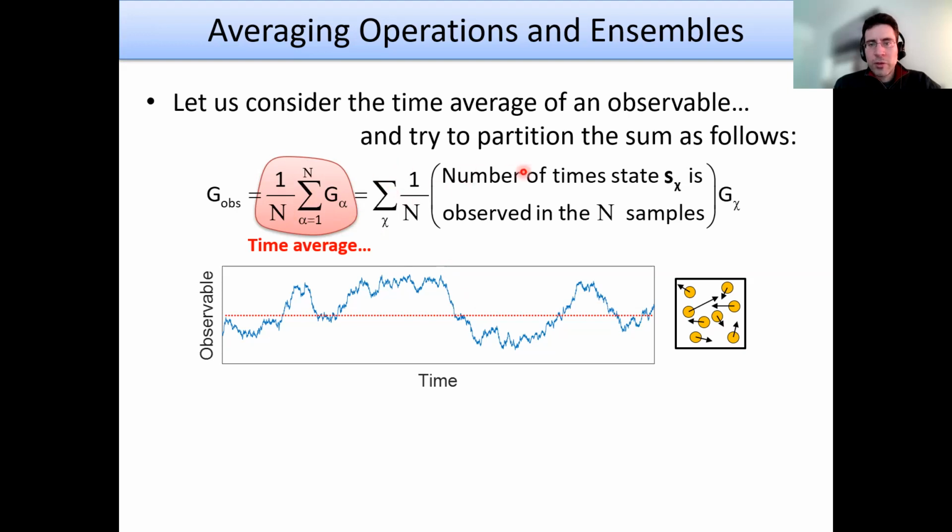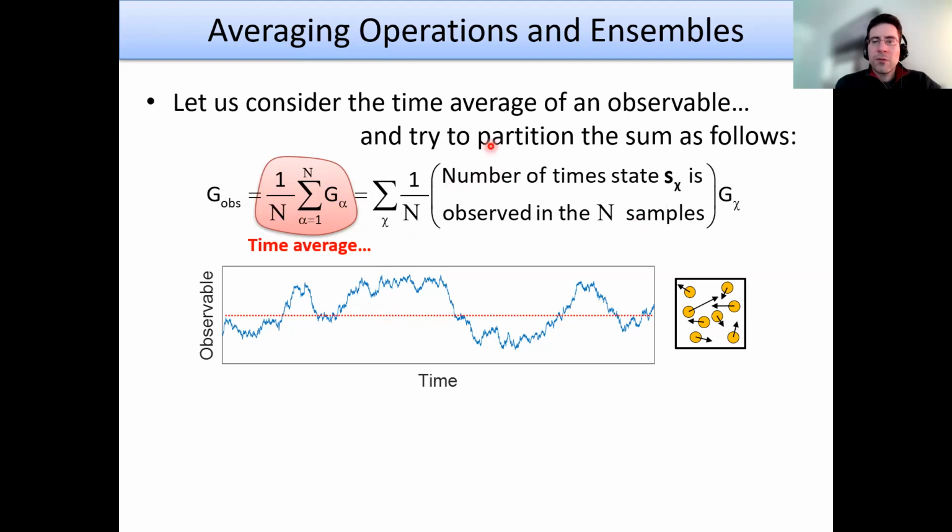So this 1 over n goes in, and then I have here the number of times the state chi is observed in the n samples. I think you would agree with me that if I have, let's say, the state 455, and I have a way to number them, and it has appeared maybe 10 times in this sum, then the contribution of this state 455 would be 10 times the value of the observable at that state, divided by n.